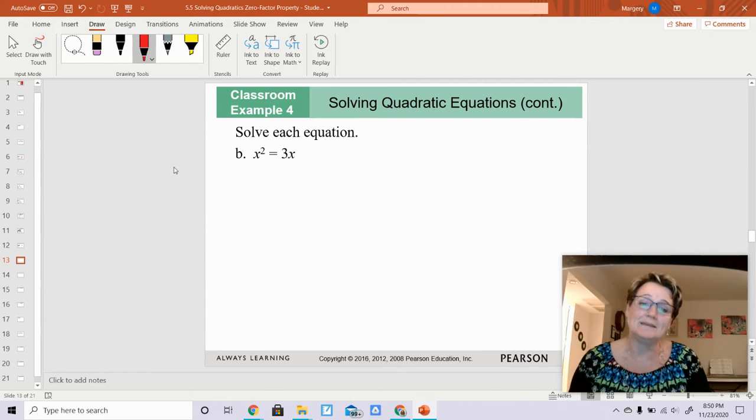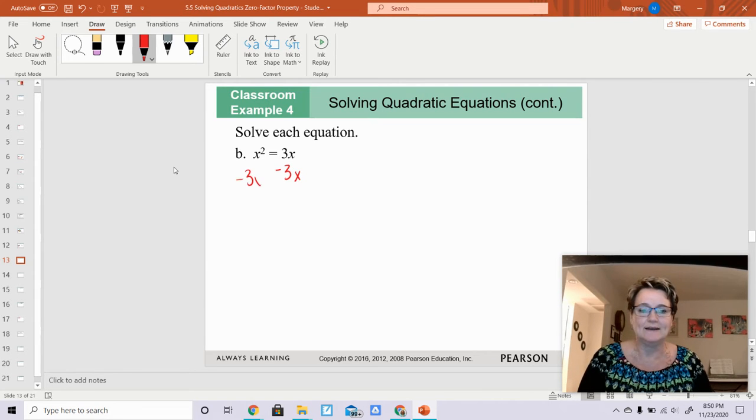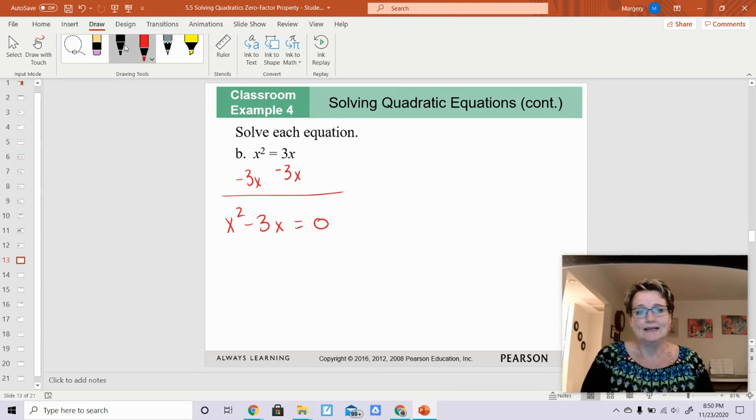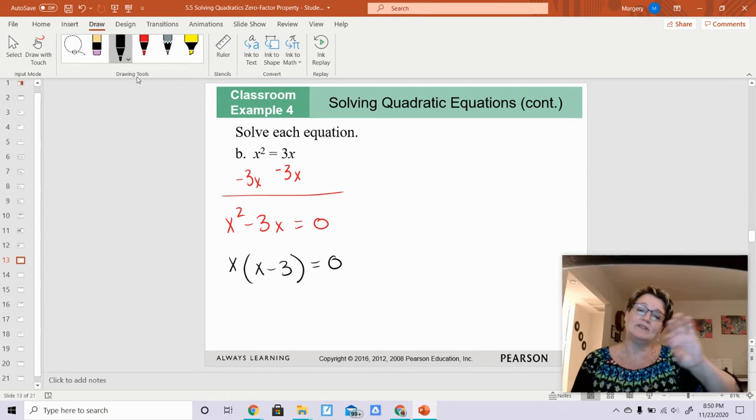This problem has some issues. I need to move everything to one side of the equation. So I'm going to move 3x to both sides. I want this equal to 0, okay? Now it's equal to 0. Now what I'm going to do is factor out an x. So that's going to give me x times x minus 3 equals 0. Now I'm going to take whatever's on the outside, set it equal to 0, and whatever's in the parentheses, I'm going to set that equal to 0.